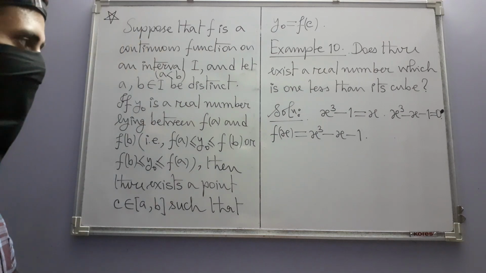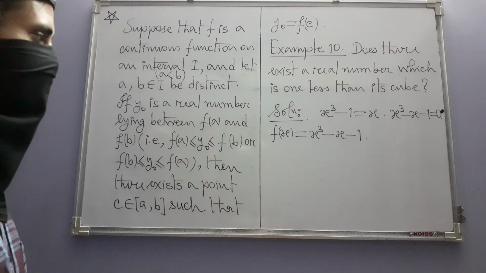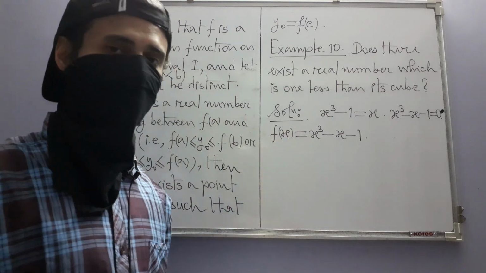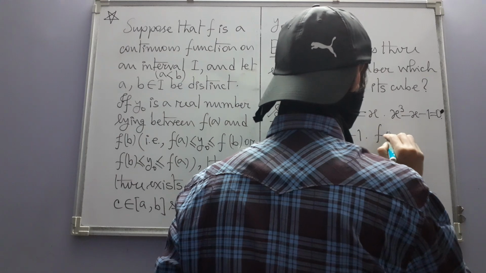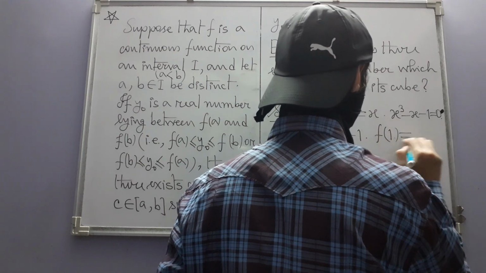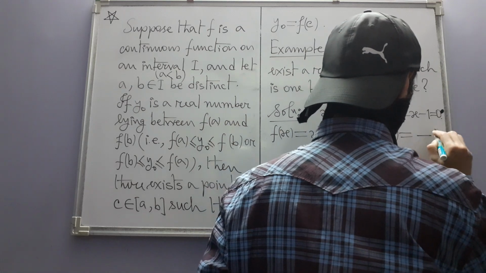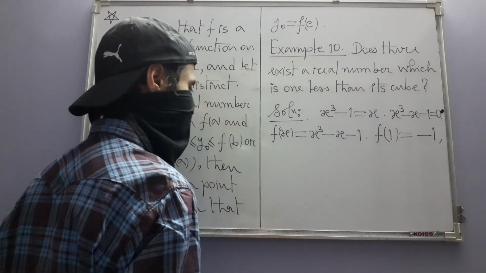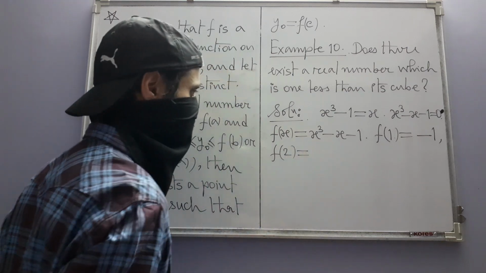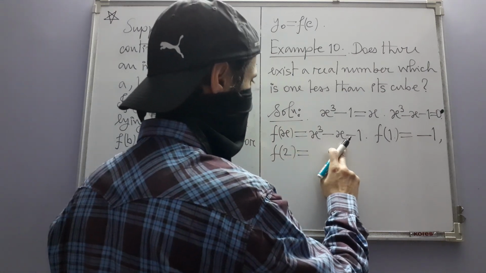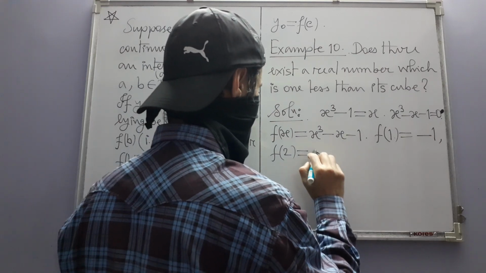Okay, and now cleverly the authors have calculated the values of this polynomial at 1 and 2. f of 1 will be what? This 1 and minus 1, they cancel out. We have minus 1. And what about f of 2? 8 minus 2 is 6. 6 minus 1 is 5.